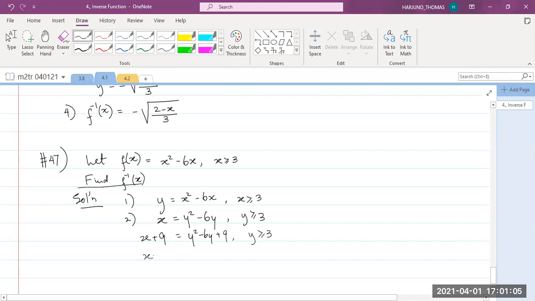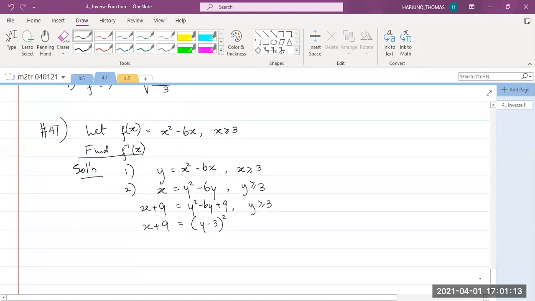So x plus 9 equals y minus 3 squared. Now apply plus or minus square root: plus or minus the square root of x plus 9 equals y minus 3. So y is 3 plus or minus the square root of x plus 9.